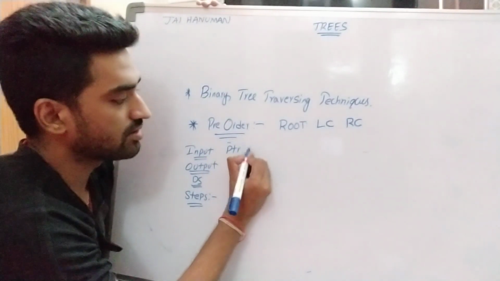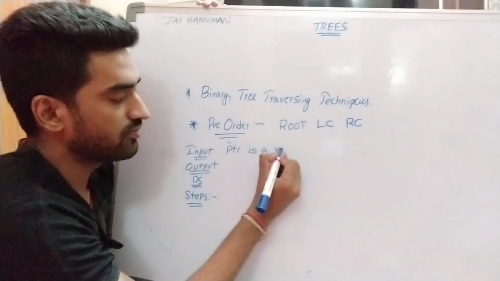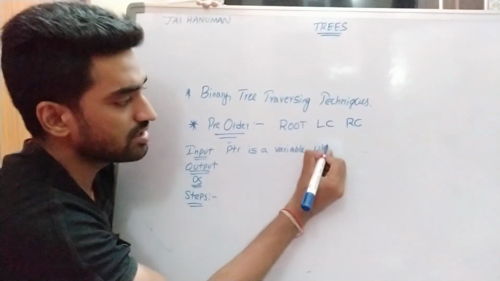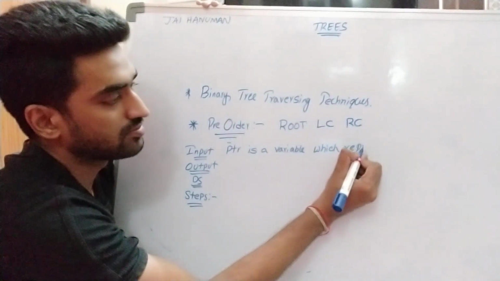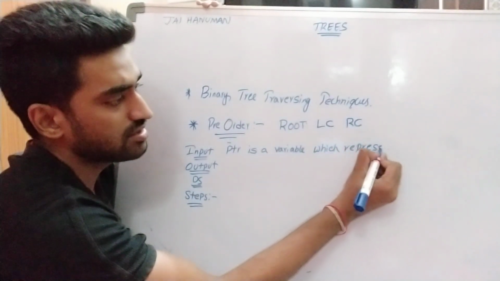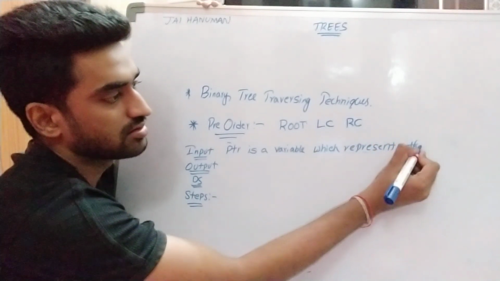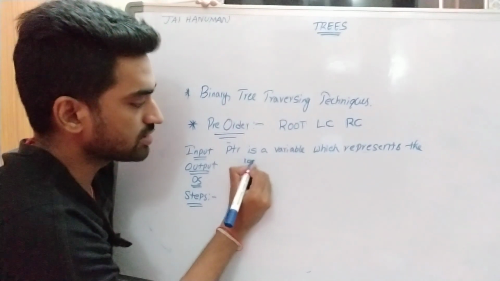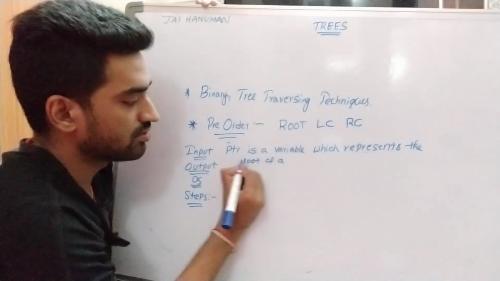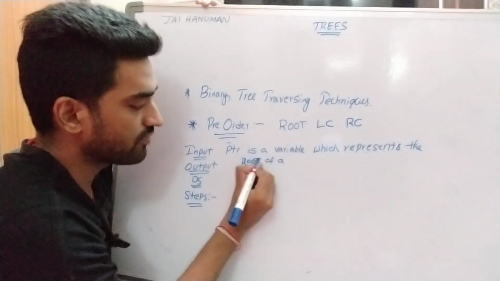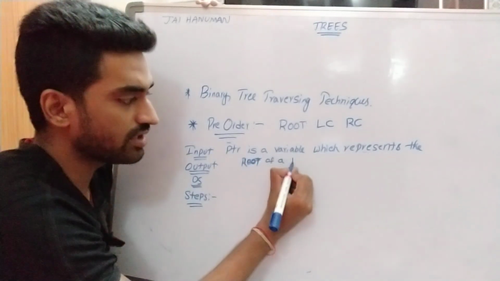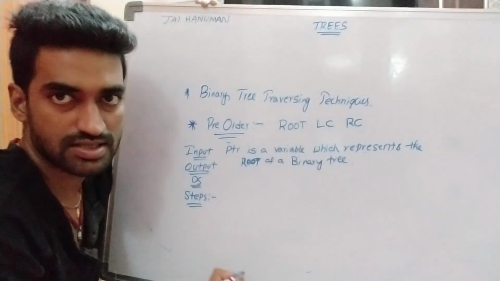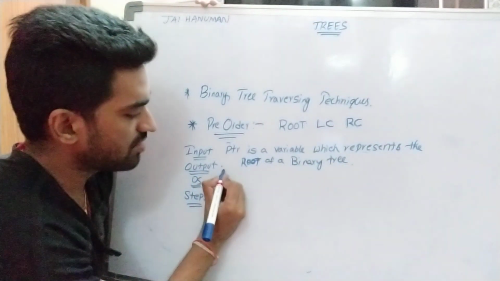So pointer is a variable which represents the root of a binary tree.